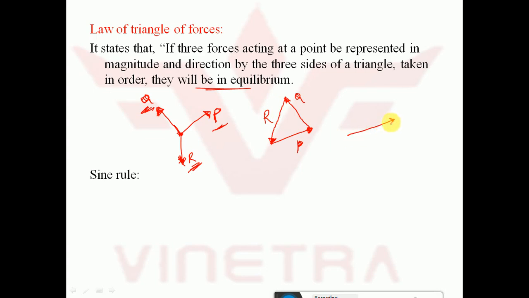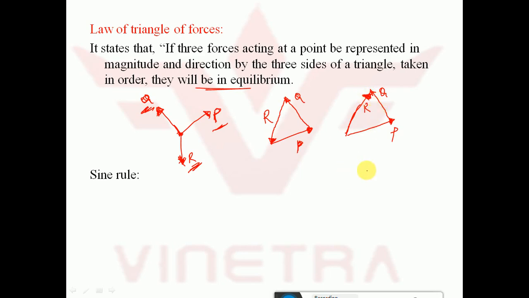Now let us see here. If the three forces are represented like this, force P, followed by force Q, and then followed by force R, but taken in the opposite direction, then this will not be in equilibrium.